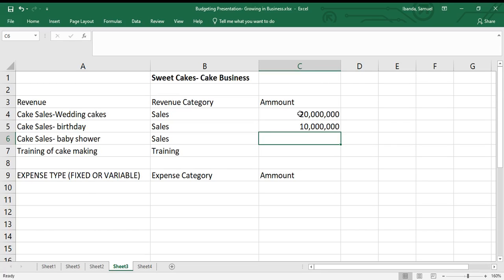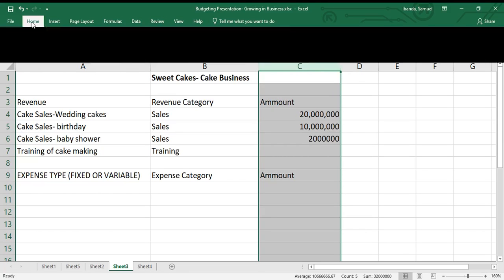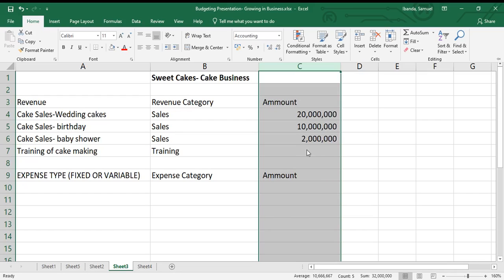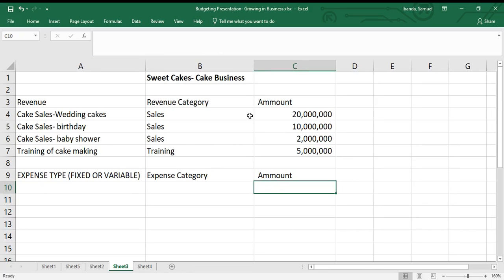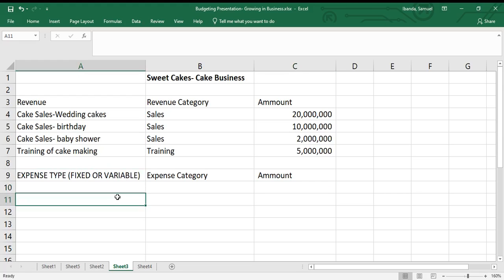For baby showers, maybe this is low business, maybe 2 million. And then you could also have training on cake making, where maybe you expect 5 million. So that is what you do when it comes to your budget. And then we can get down to your expenses.